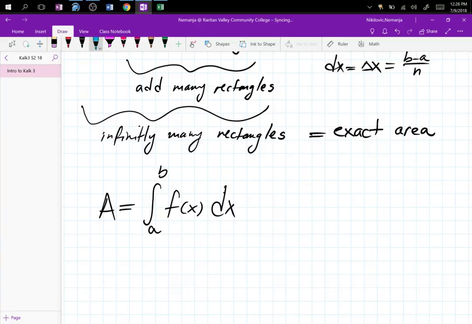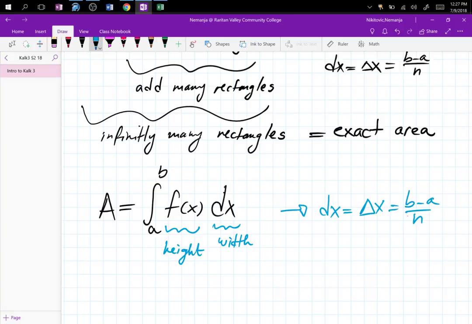Over here in blue, I have the height, and over here I have the width. Now, we know that this dx is the width because dx is the same as delta x, and delta x is b minus a over n. And here is the connection between this a and b and dx.